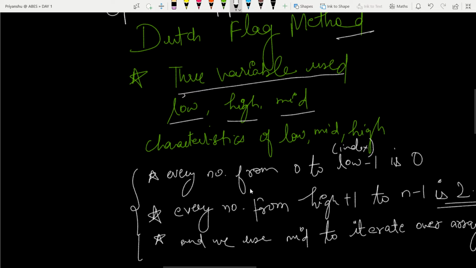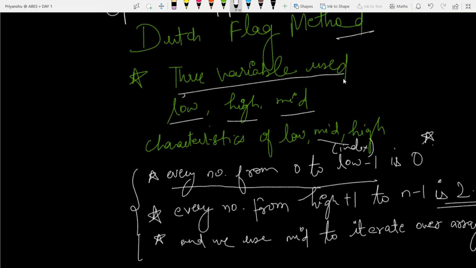These variables denote indices of the array. Every element from index 0 to low minus 1 will be 0. So this is the significance of low.